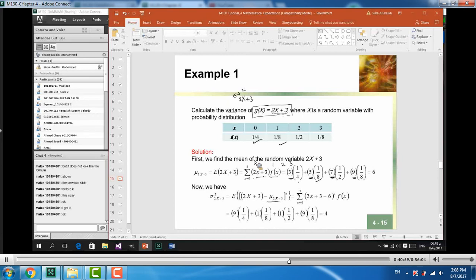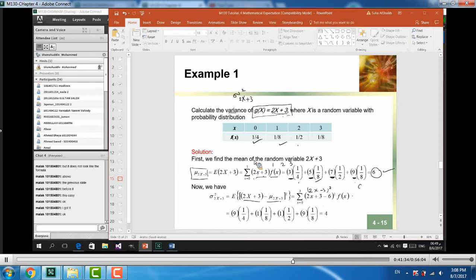Now the rule says that the expectation of that one is the function 2x plus 3 minus the mu. The mu is 6, so it is 2x plus 3 minus 6, but squared times fx. This will give me a 2x minus 3 square. My x is 0, 1, 2, and 3. At the 0, it is minus 3 square, 9.